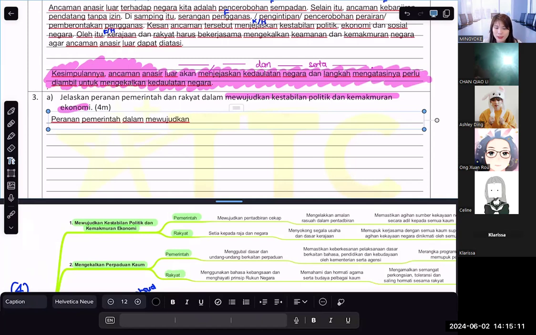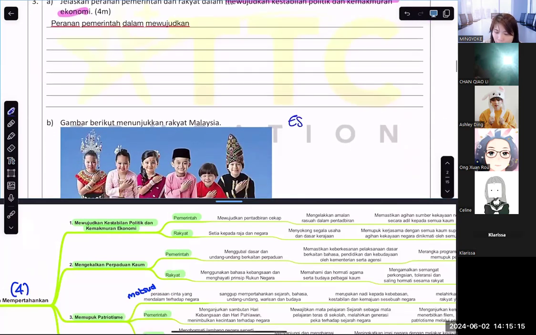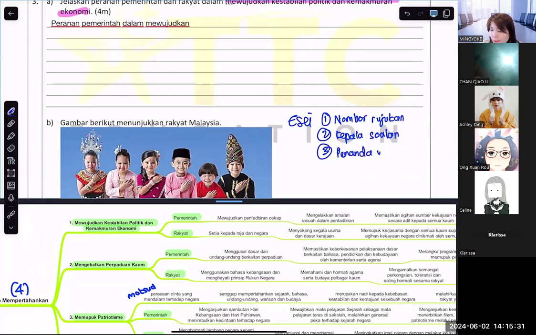And first of all, let me explain to you. If it's essay, first, you must have nombor rujukan. 2, kepala soalan. 3, penanda wacana or kata hubung. Same lah. And that's it.